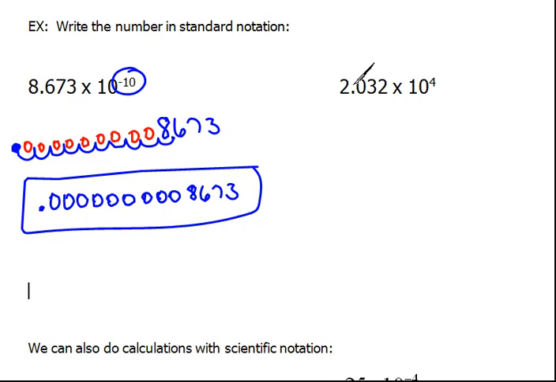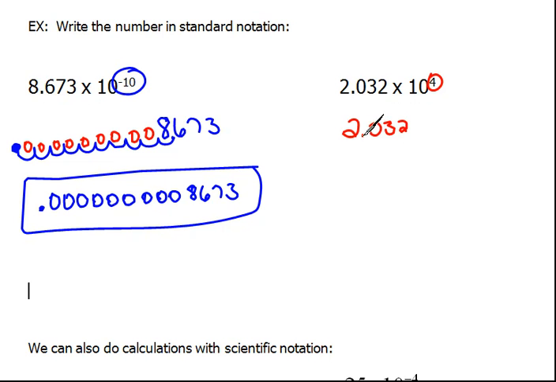In the next example, we have 2.032. I'm going to go ahead and write that out. 2.032. Now we are multiplying this time by a much larger number. So in order to make our number larger, we would have to move to the right. And this is what tells us how many places to move. So we would move to the right 4 places.